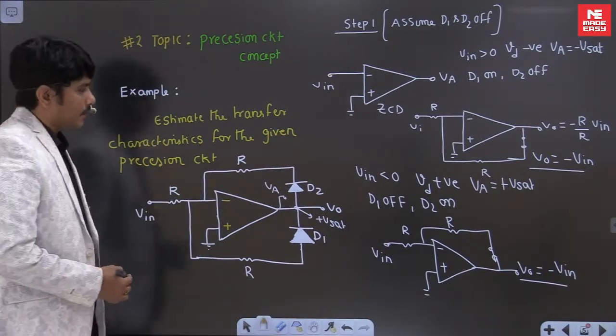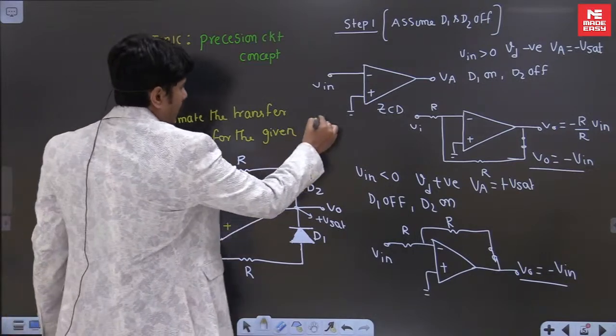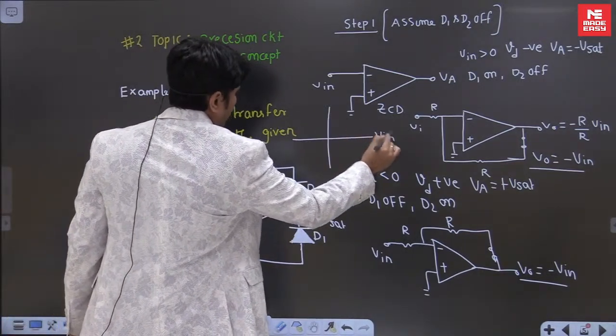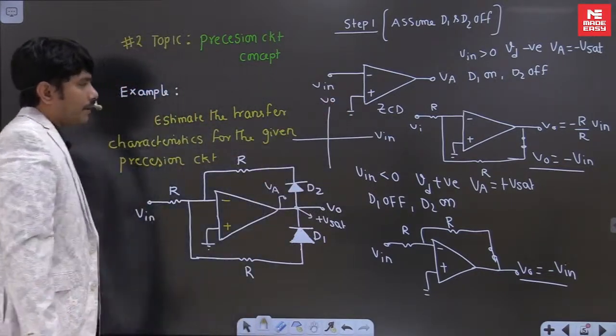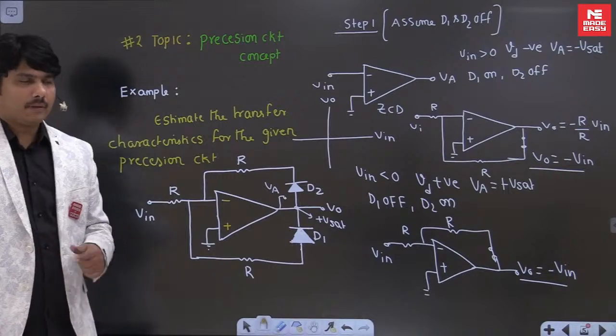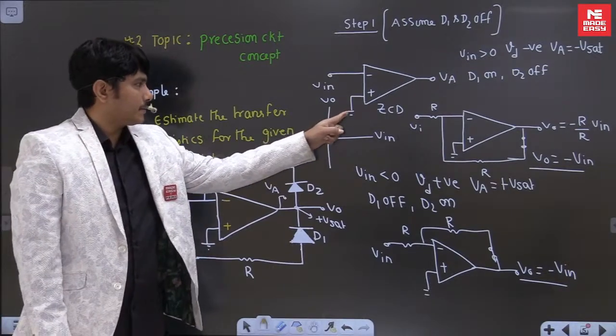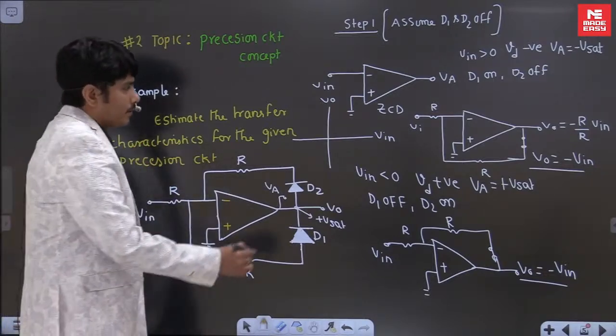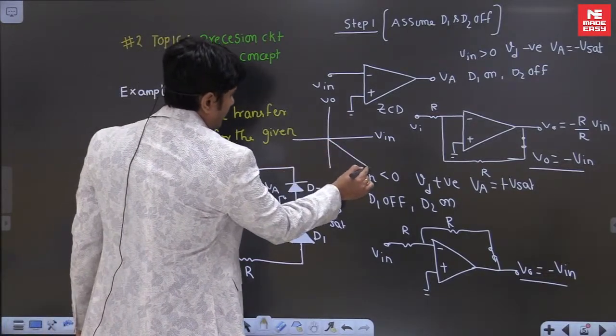So what is the answer for this? Can you feel that the answer should be like this? This is your input, this is your output, correct? Normally output is equal to input. In the positive half cycle, you have to write like this, a 45 degrees line. But he said output is minus VIN. So it will get reversed, output like this.